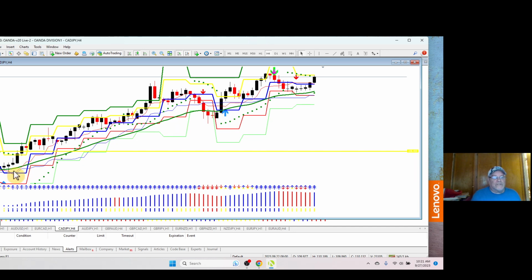This is MT4 platform through Oanda is what I'm using there. And these are the mark pivot points based on the 4 hour, and then it'll change to the 1 hour. And that's all I use, 1 hour and 4 hour charts.